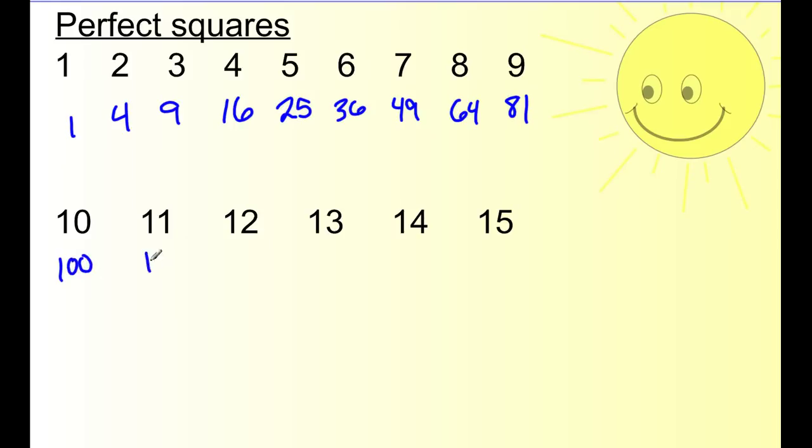Let's see, 121, 144. This is about where I start to get lost a little bit. Most people only remember up to their 12s. 13, I believe, is 169. Let's double check it.